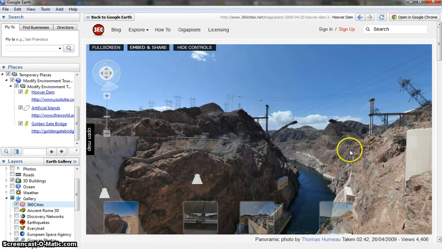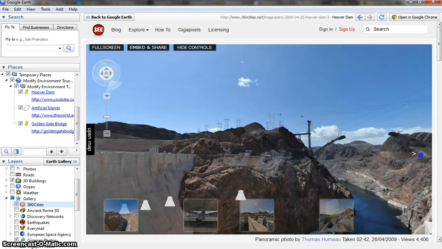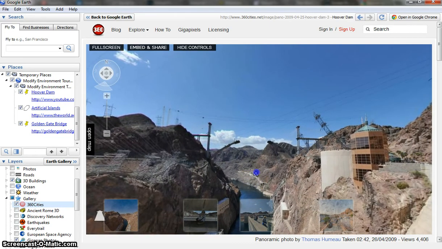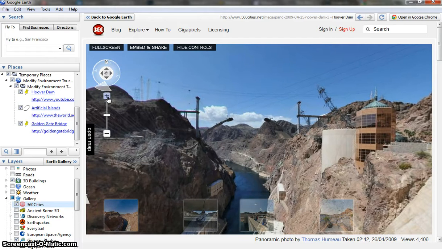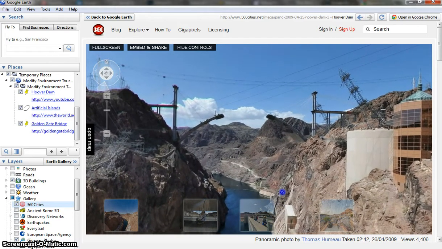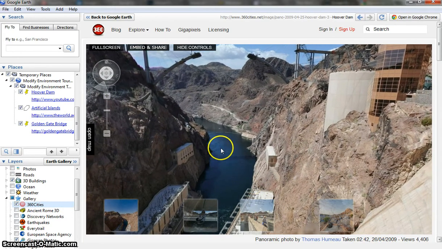Okay, so as we look here, we can see right across the way, here is the Colorado River coming down, and as we zoom in a little bit here, you can see the natural formation of the canyon walls here, but at the same time there's roads that are built in and buildings built right into the side of the canyon.